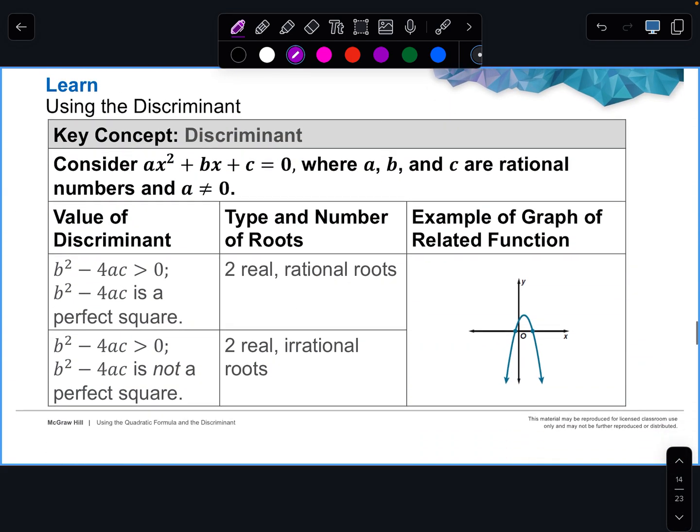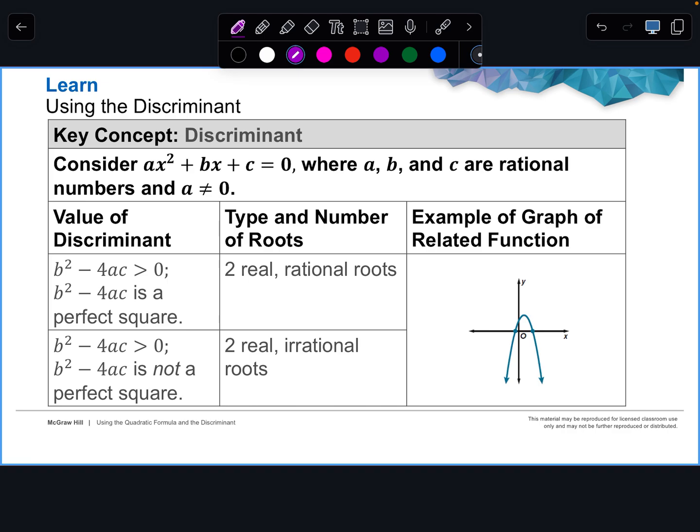If b squared minus 4ac is greater than 0 and it's a perfect square, I will have 2 real rational roots. If it is greater than 0 but not a perfect square, I'll have 2 real irrational roots.